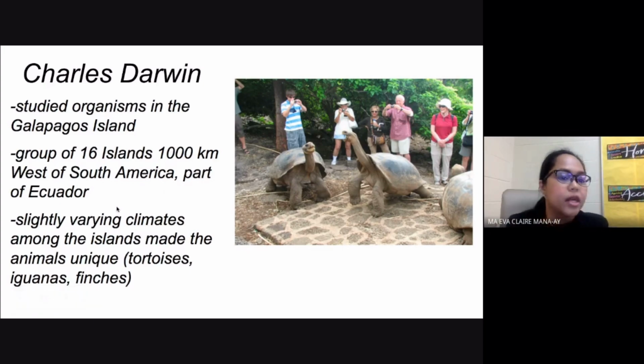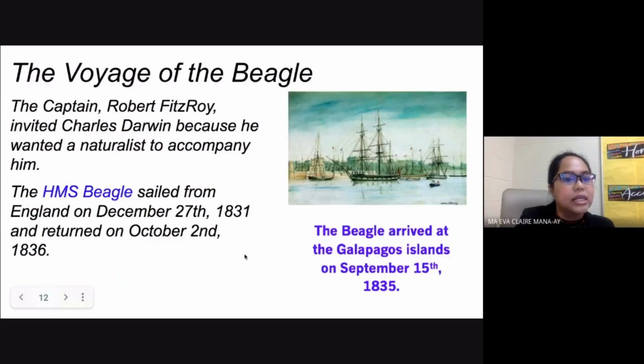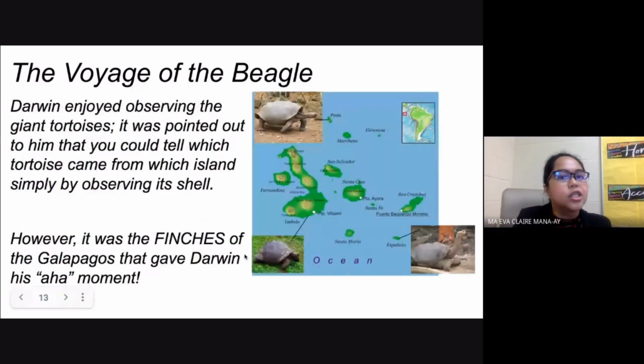And because of this, the organisms on those islands also had unique characteristics. Charles Darwin could actually tell whether a certain tortoise had come from Pinta, or from Puerto Villamil, or from Española. All he had to do was look at the shell of the tortoise.